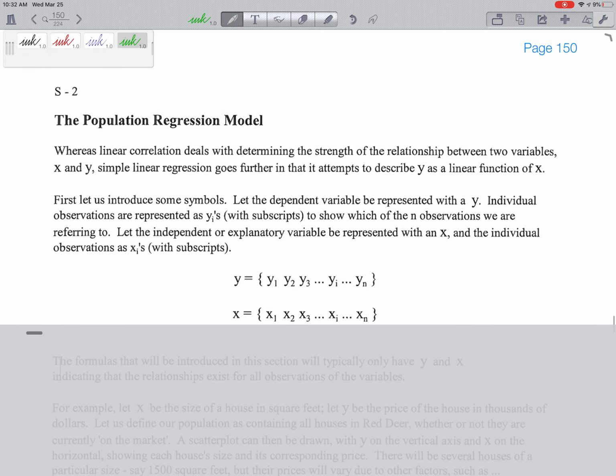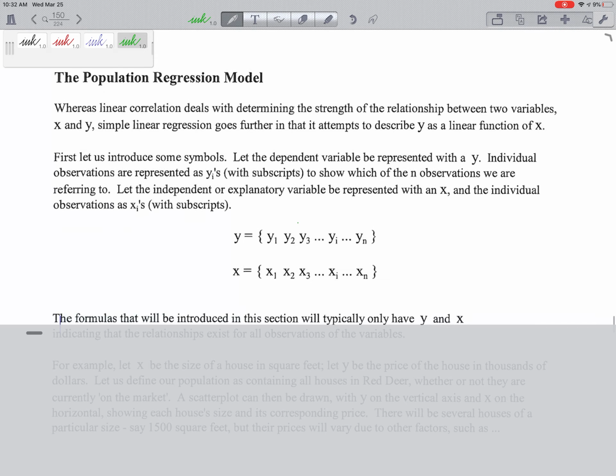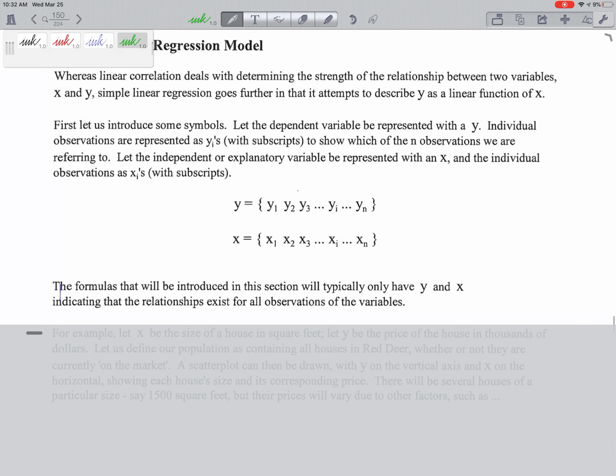So let's jump in here to page S2, page 150, and we're going to talk about the population regression model. Again, in regression, we're looking at the linear relationship between two variables, an x and a y. Remember that when we say we have one y variable and one x variable, if you think back to Excel, it's two columns.